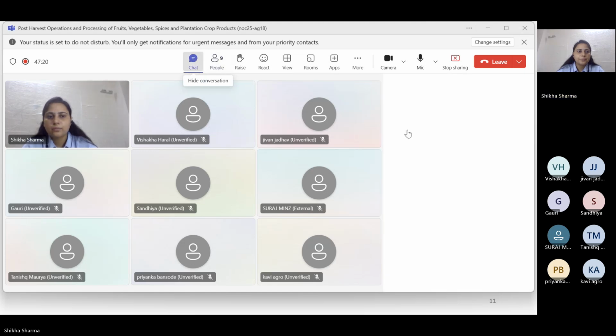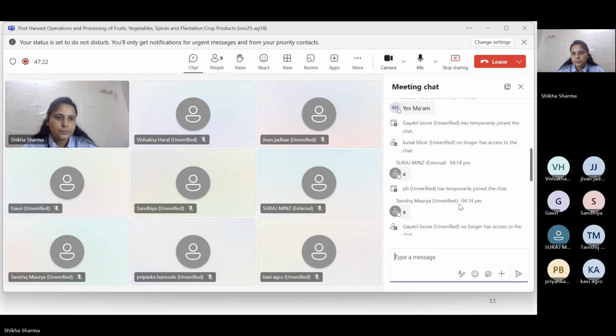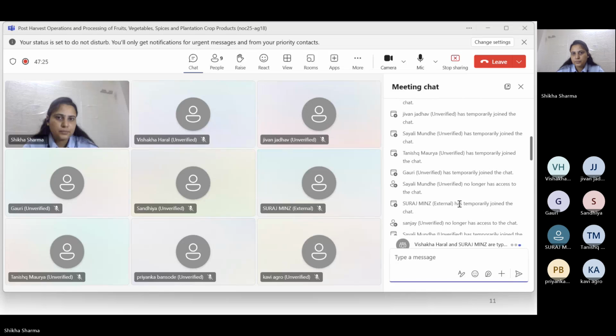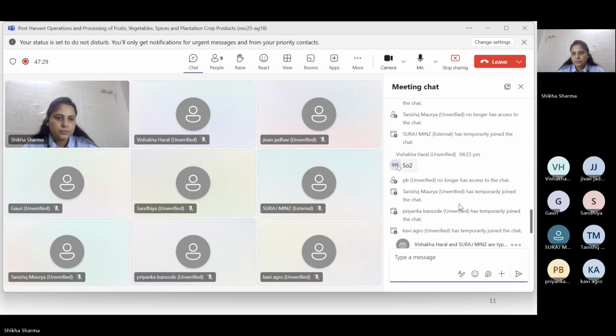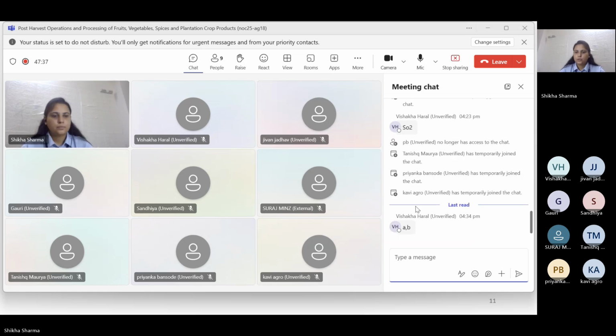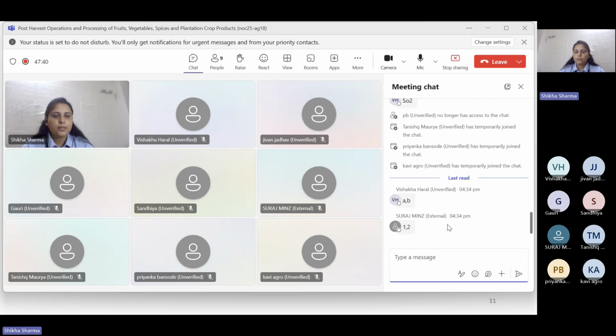Anyone? Vishakha is saying A and B, and Suraj is saying 1 and 2.